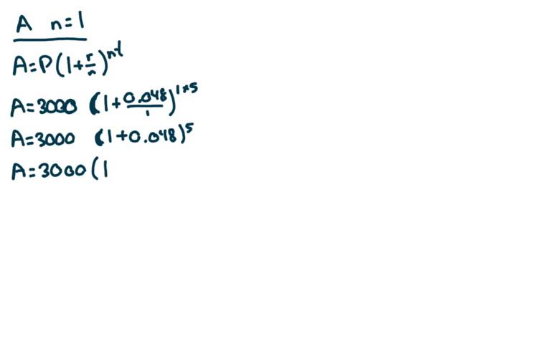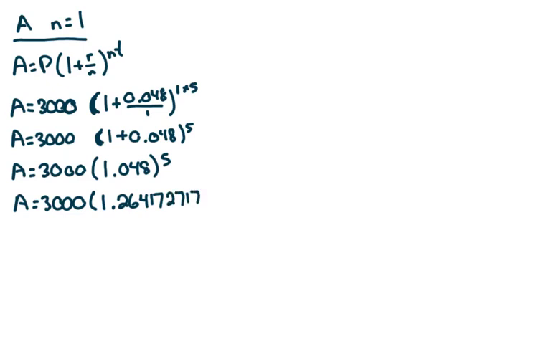Inside the bracket, we get 1.048. (1.048) to the power of 5 is 1.264172717. And that gives us a total of $3,792.52.